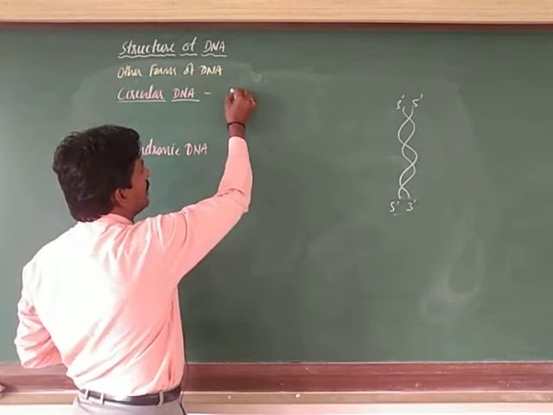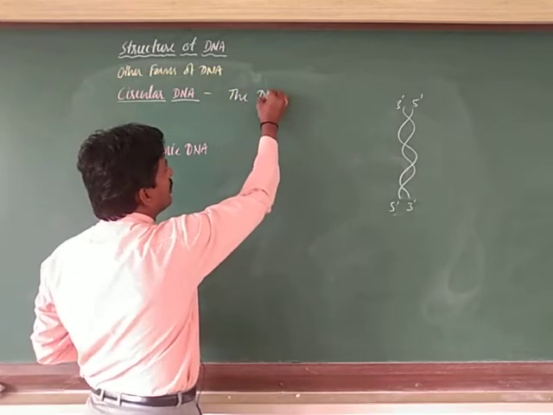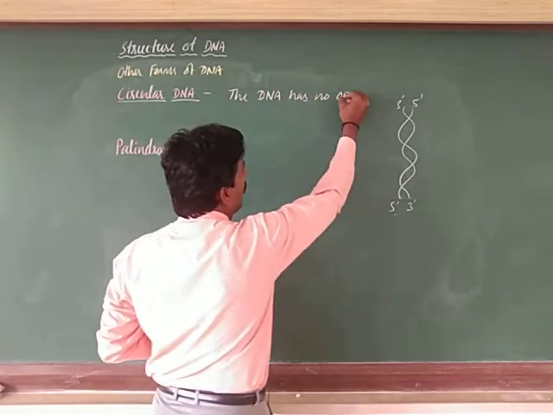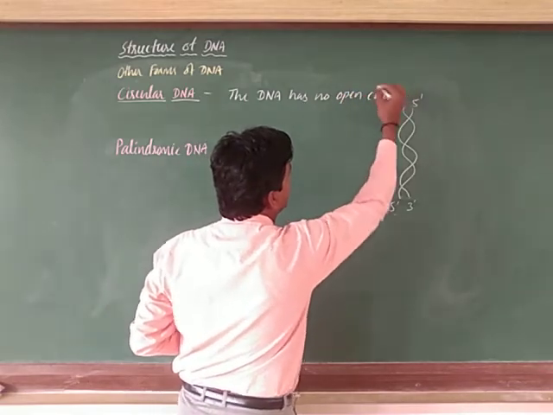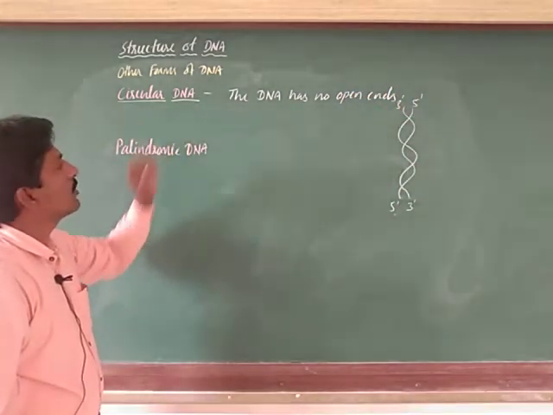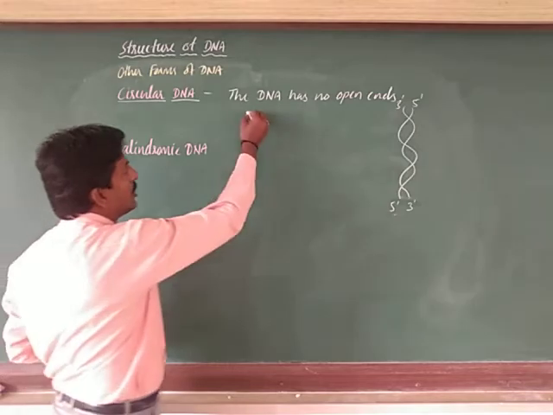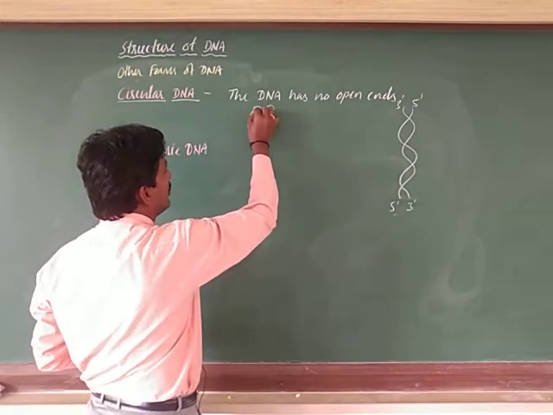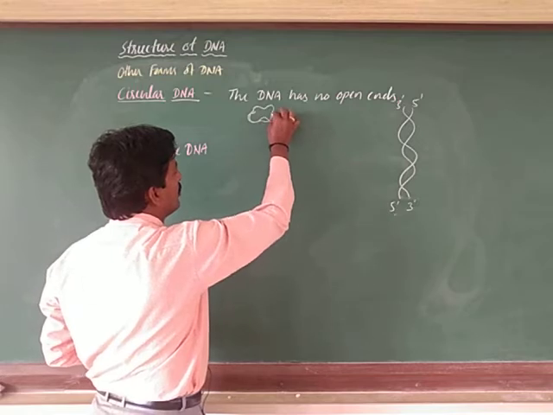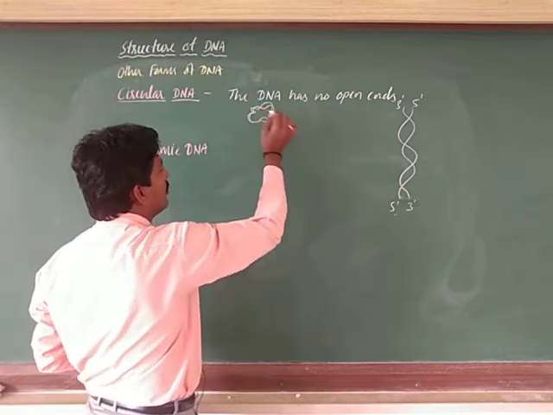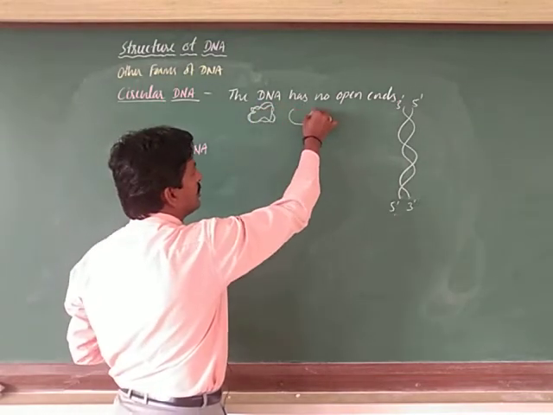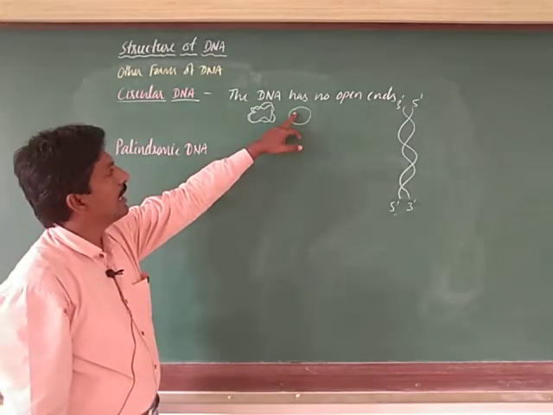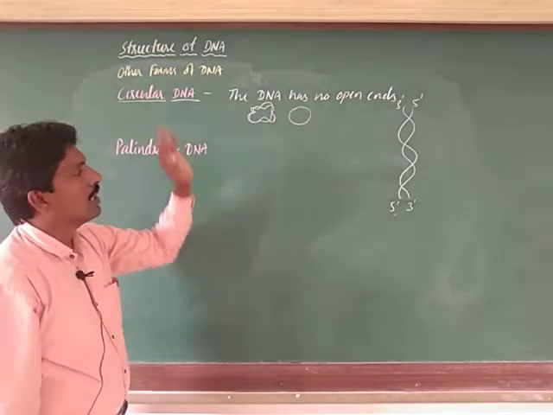This type of DNA, which has no open ends, is called circular DNA. How does it appear? For example, this is the circular DNA. Circular DNA has a circle shape, so there are no open ends, hence we call it circular DNA.